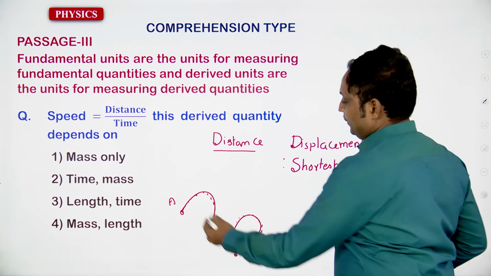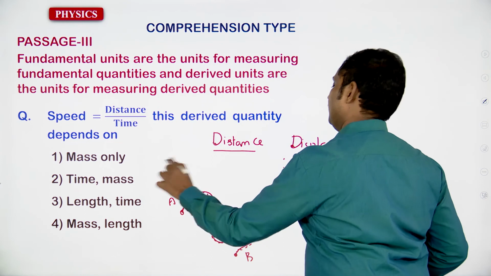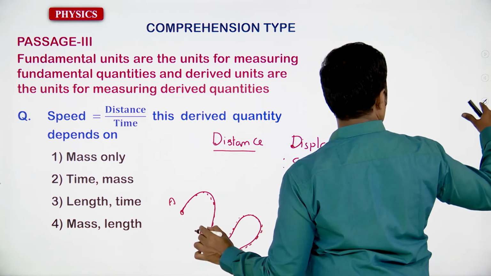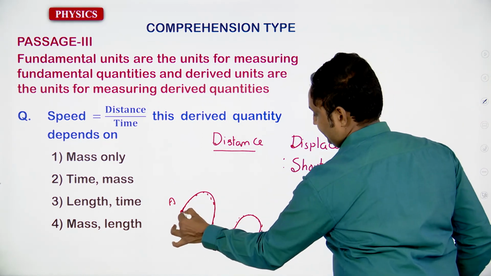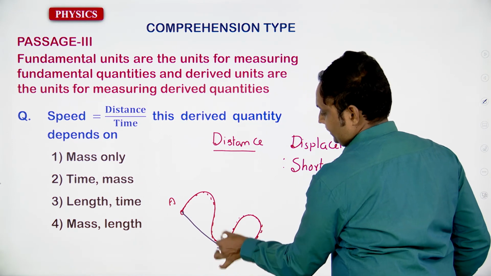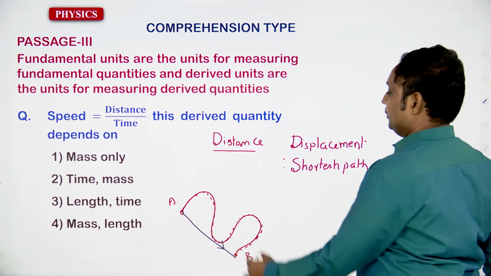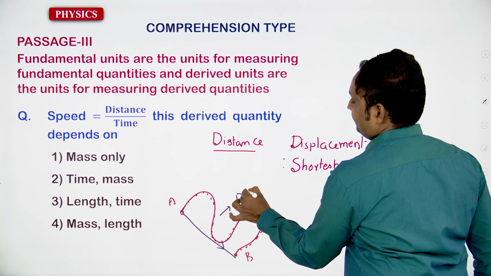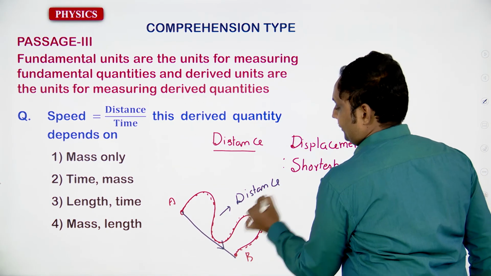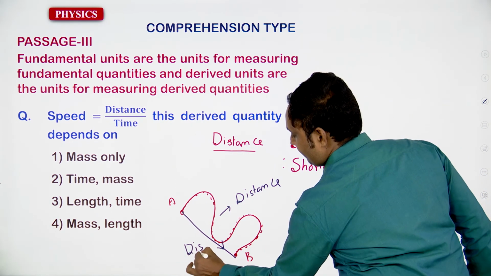Let's assume you move in this way, or this way, and all this. But the direct path, you just have to see, it's very important. The actual path represents distance. The direct path represents displacement.